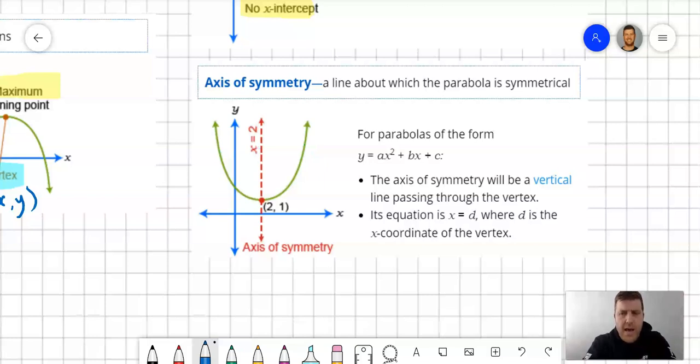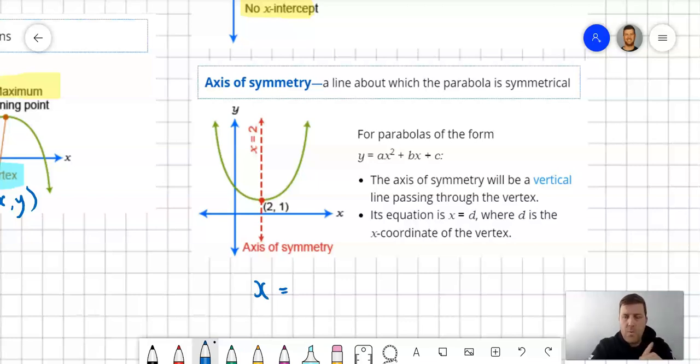So the axis of symmetry is that imaginary line that if we did cut that parabola in half, where would that imaginary line pass through the x-axis? Okay, at what value of the x-axis would that imaginary line pass through? This is saying that this one will pass through x equals 2, and that's how you write your axis of symmetry. x equals whatever that x value is.